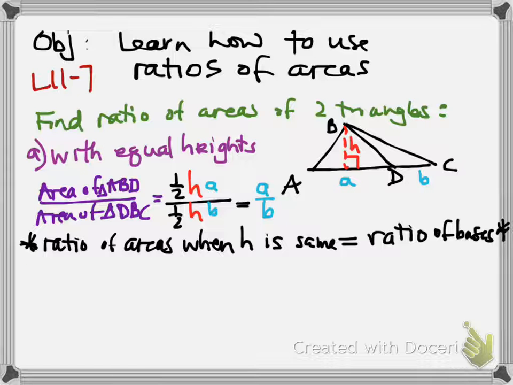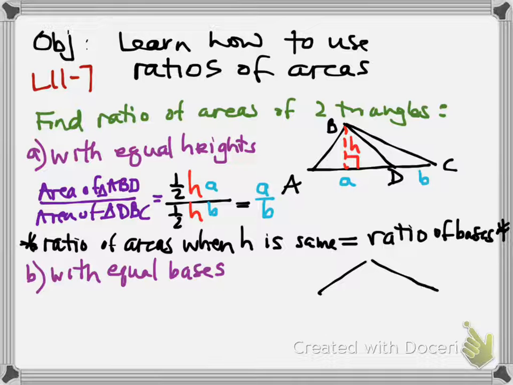What if we have equal bases? So let me draw a picture of that one. So the big guy is triangle ABC. The little guy is triangle ADC.